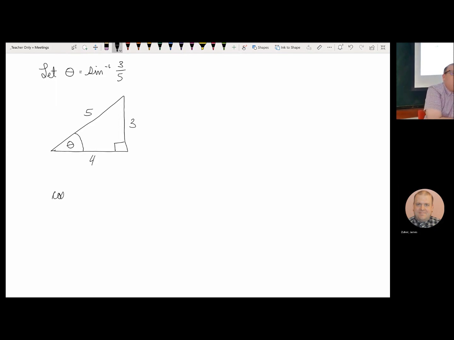The cosine of theta is 4/5. But didn't we say theta is the inverse sine of 3/5? So the cosine of the inverse sine of 3/5 is 4/5.